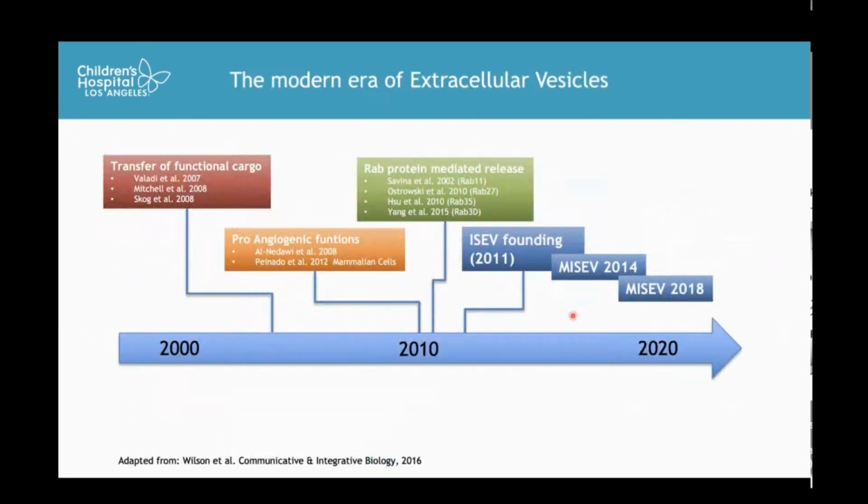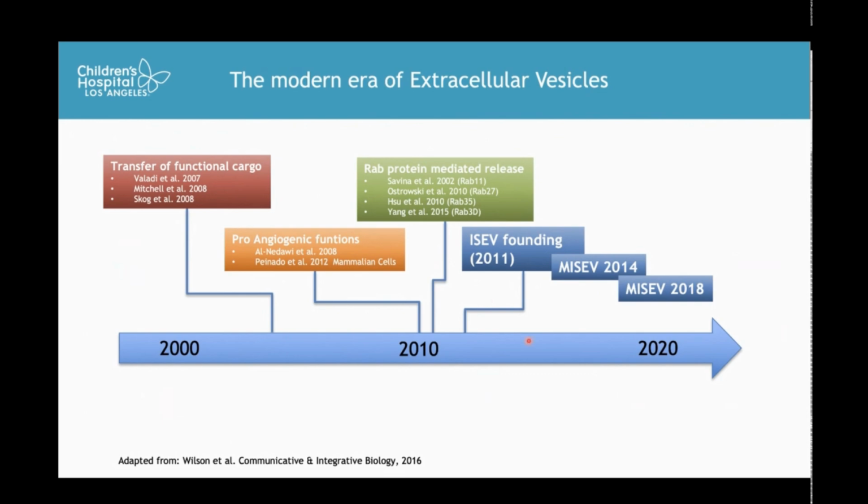Since that report in the early to mid-2000s, considerable interest has been devoted to the research, mainly into exosomes, and the functions have started to be unraveled. Early on, they started studying the angiogenic functions of EVs, and also the biogenesis, for example, Rab protein-mediated release came into focus in the 2010s.